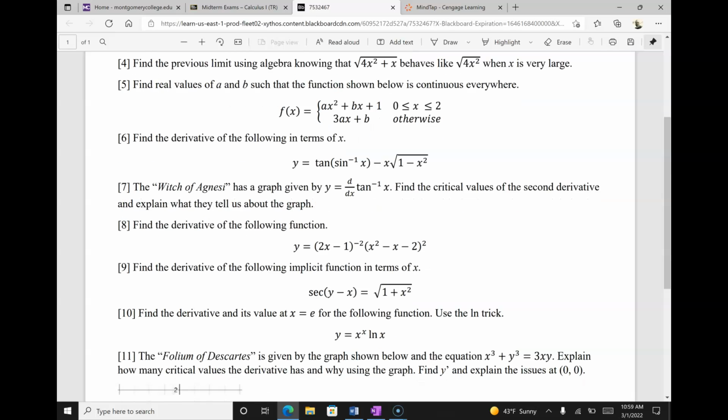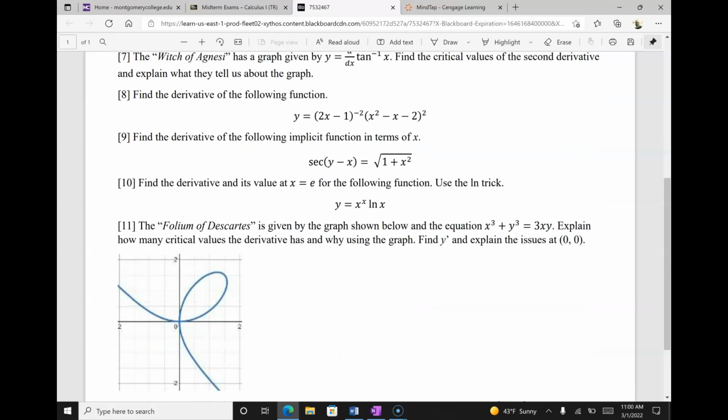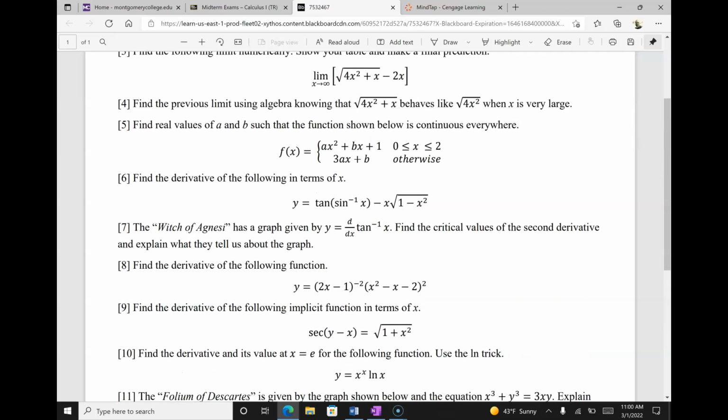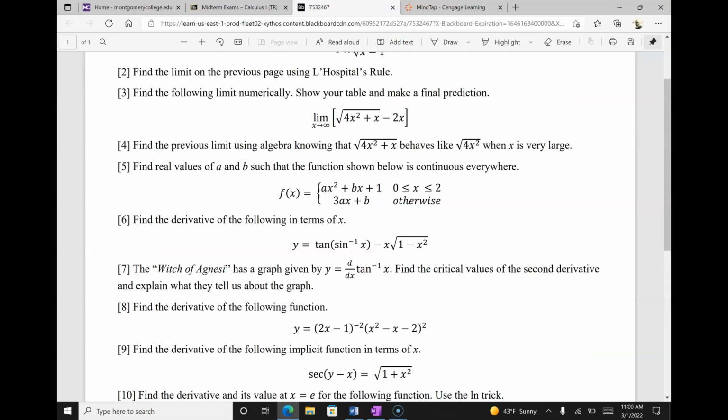Yes? And 11 is an implicit. We didn't talk about that one the other day, but that's a good one to do. So let's do number 6 and then quit.